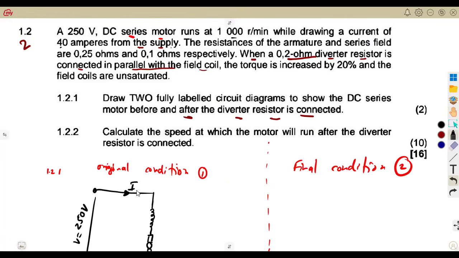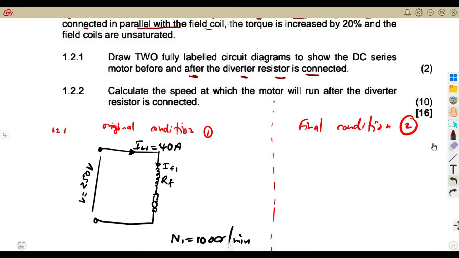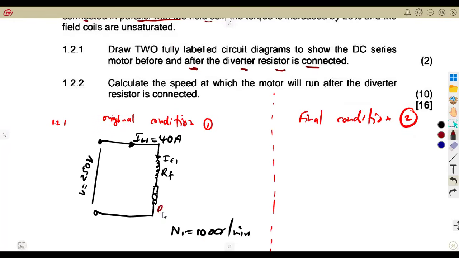So from the supply, the load current is 40 amperes, which enters the field. It is the same field current into the field resistance, where we are given the resistances of the armature and the series field respectively. The first one is of the armature, 0.25 ohms.